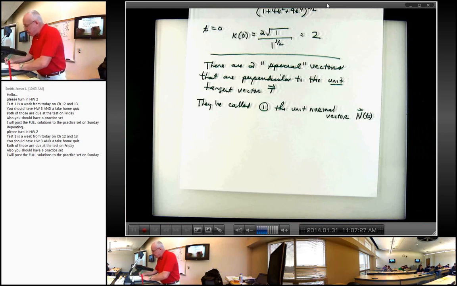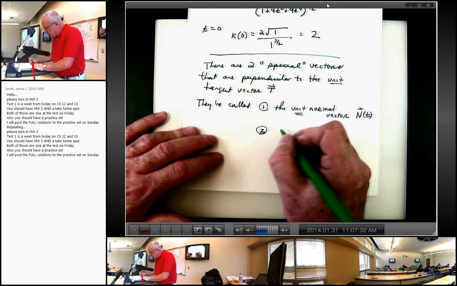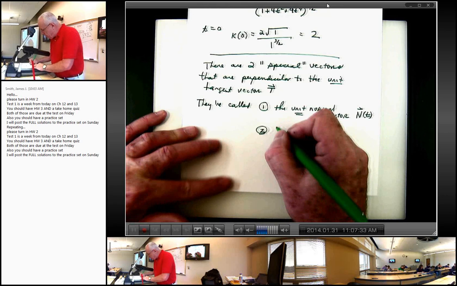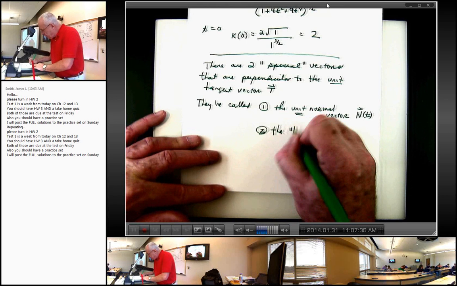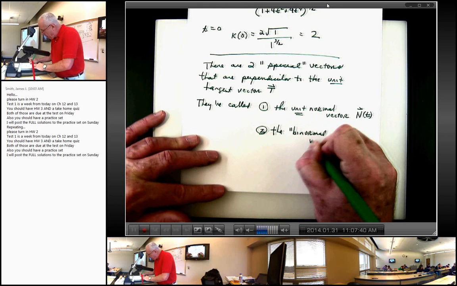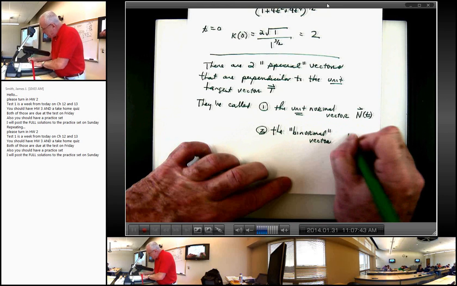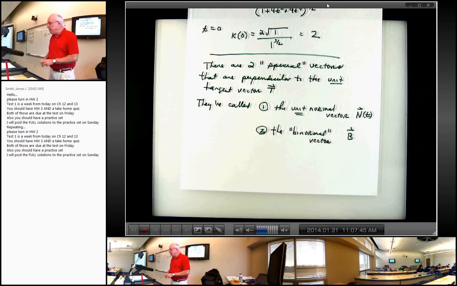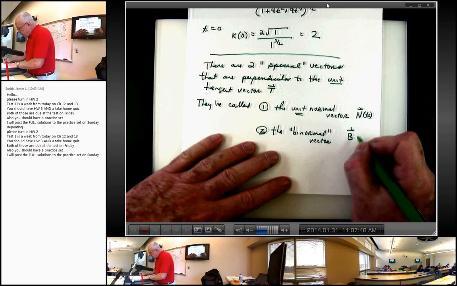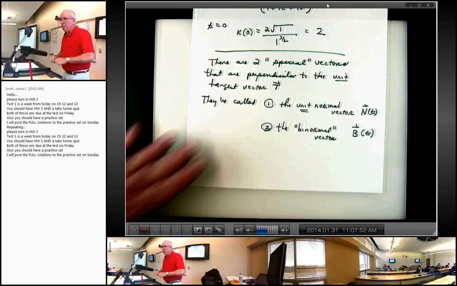It's a unit vector also. And the second one is called the binormal vector, and it is denoted by capital B of T. Okay. Now let me show you a picture of this.